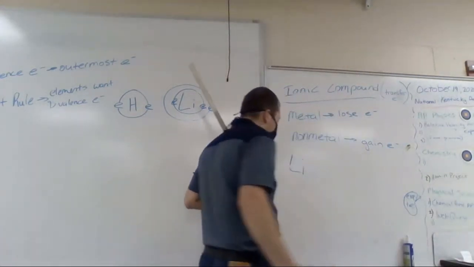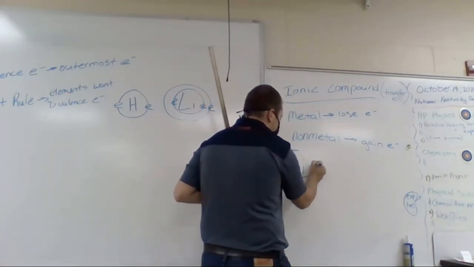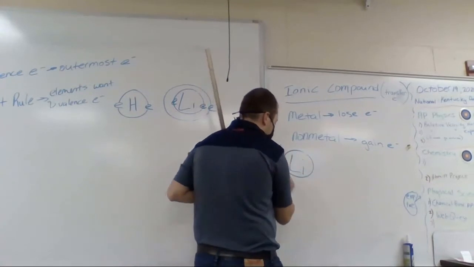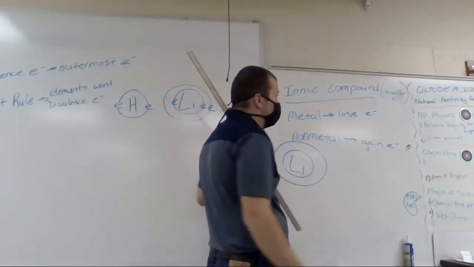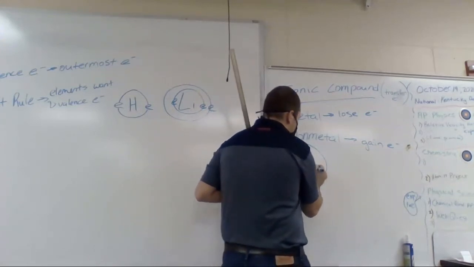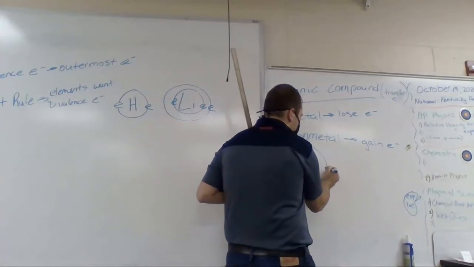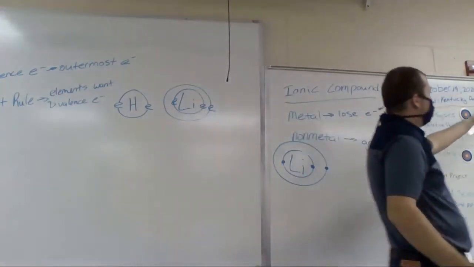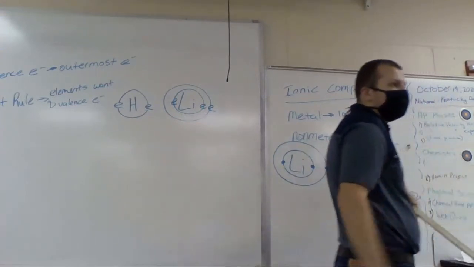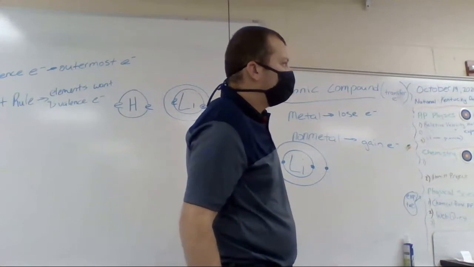Now, what I'm going to show you is lithium's in period 2, right? So there's 1, 2, 3. It has 3 electrons, right? That makes sense. I'm going to choose fluorine.